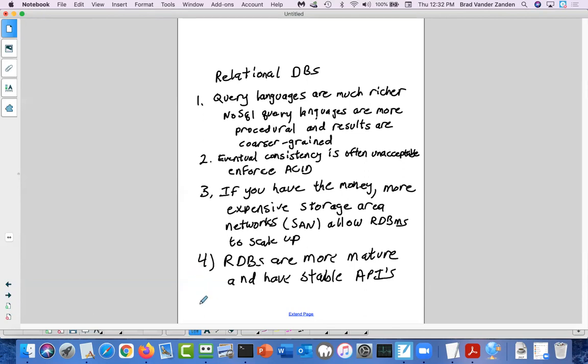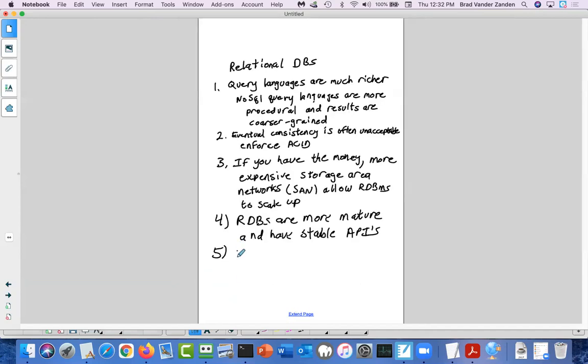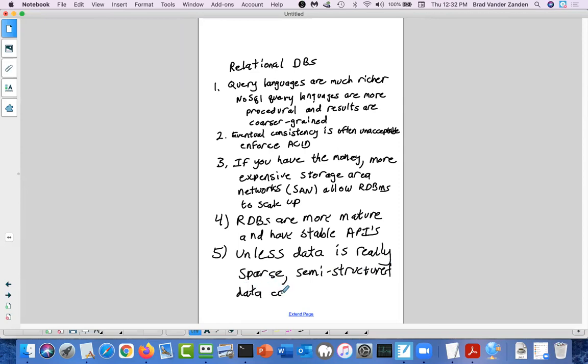Then it turns out that unless the data is really sparse, semi-structured data can often be easily factored into multiple tables.